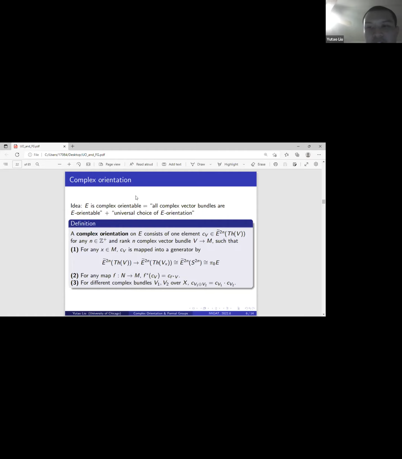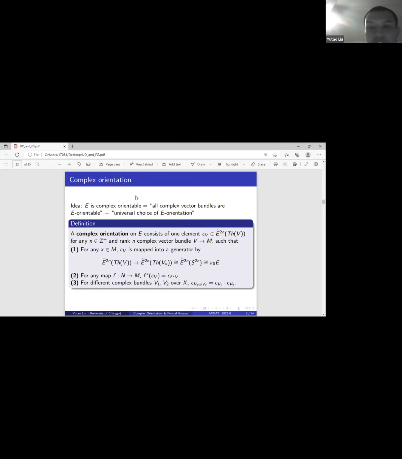And also you want this Thom class to be mapped to a generator for each local Thom space, for each local orientation. So 1 here is the definition of the E-orientation from before. 2 and 3 are the compatibility relations, which explain what you mean by requiring a universal choice of E-orientation.